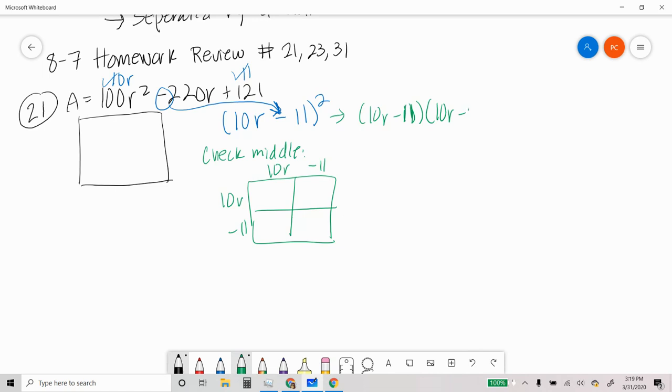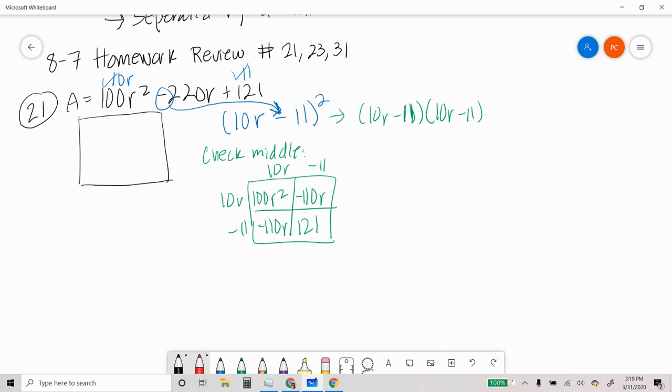When we do that, 10r times 10r is 100r squared. 10r times negative 11 is a negative 110r. Same thing, 10r times negative 11 is negative 110r. And finally, negative 11 times negative 11 is 121.